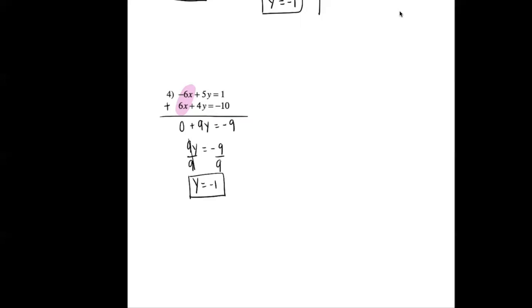Well, now I need to plug this back in and solve for my x. So in order to do that, I end up with negative 6x plus 5 times negative 1 equals 1. So I'm going to rewrite this as negative 6x minus 5, because 5 times negative 1 is negative 5, equals 1.